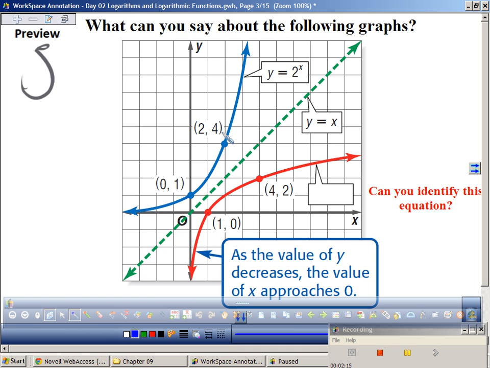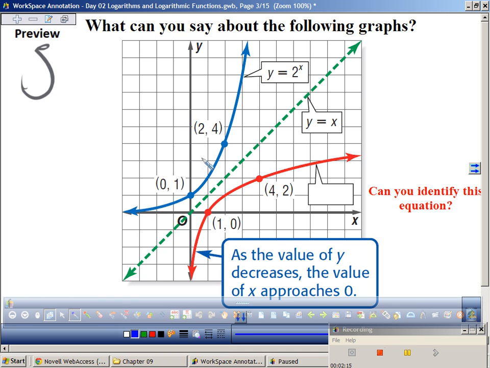That's going to be my next question. What are these graphs? What do we call them? Okay, this one's exponential, right? And what is this one? Since it's reflected over y equals x, what is this graph compared to this graph? Nope, it's not decay.